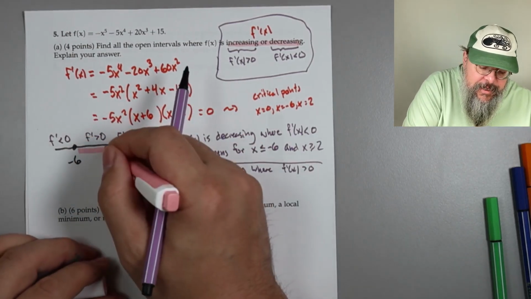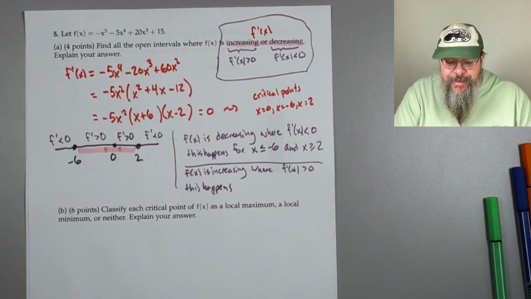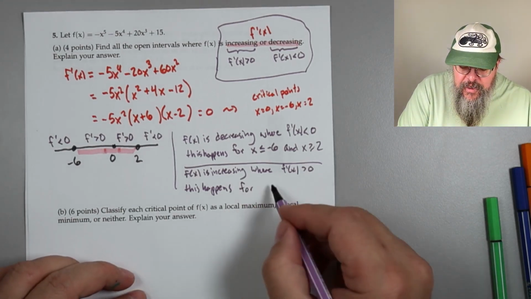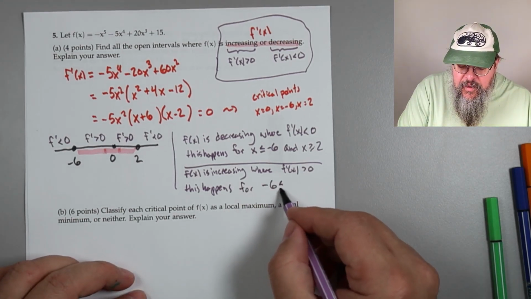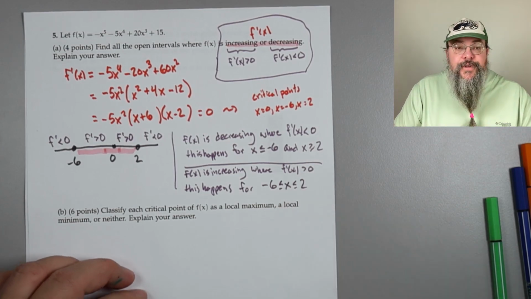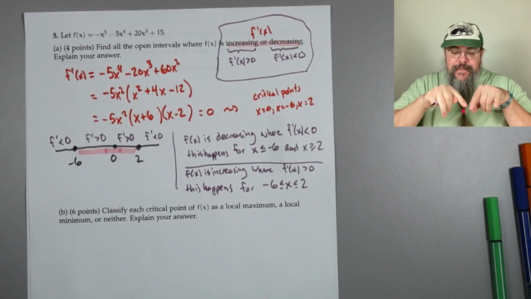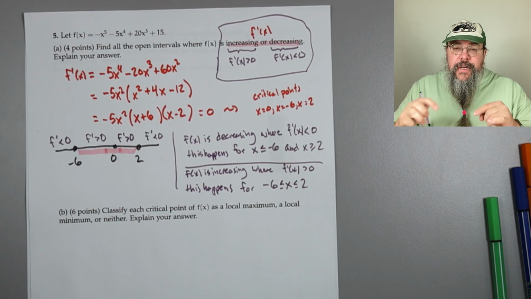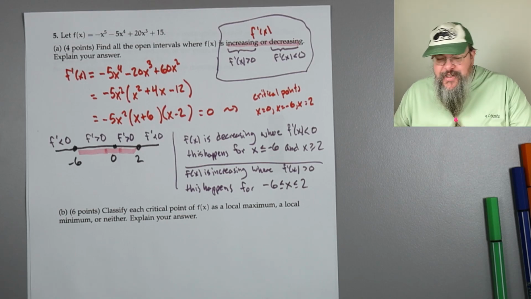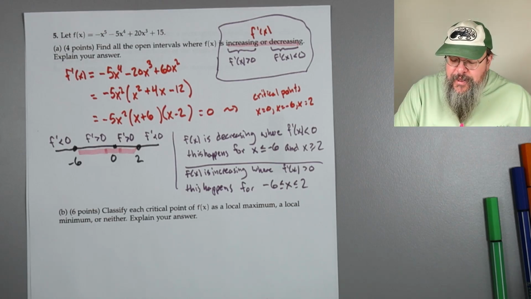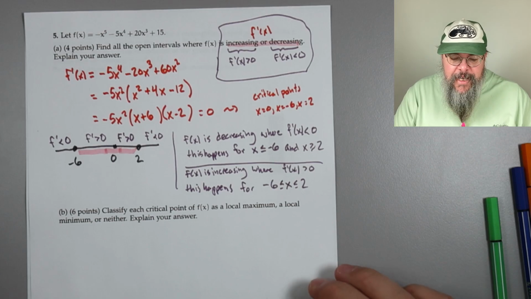And you say, hey, you can merge them. So this happens for the interval -6 up to +2. And there you go. So if you have consecutive intervals where you're increasing and the function is continuous, don't forget that, then it's just one big interval. Okay, now that's part A.